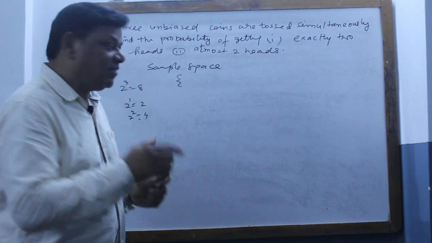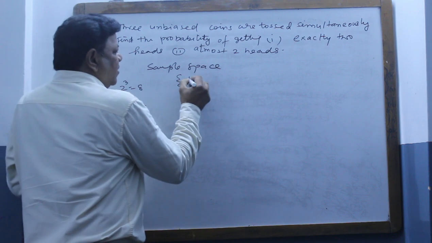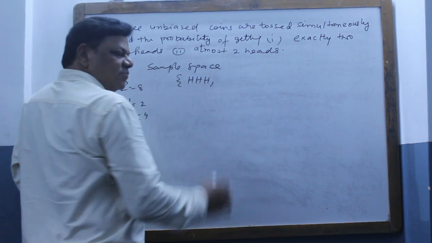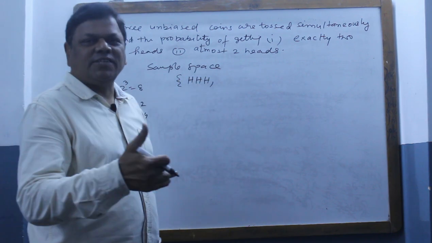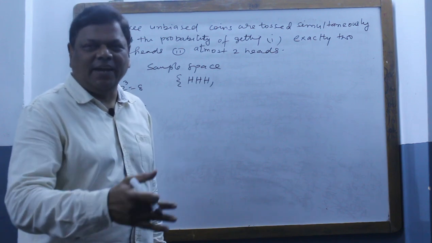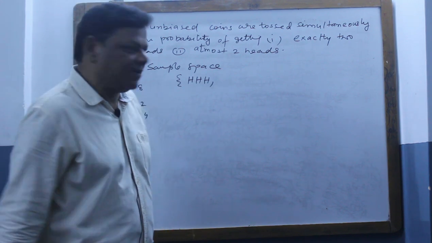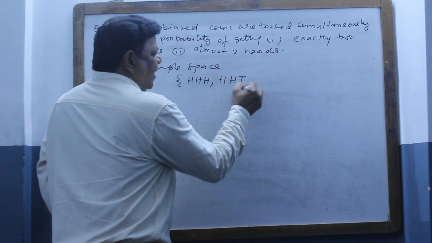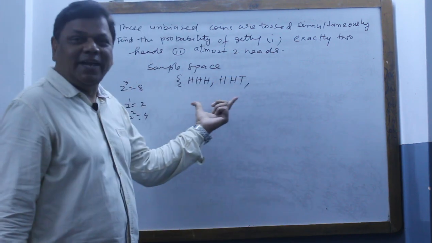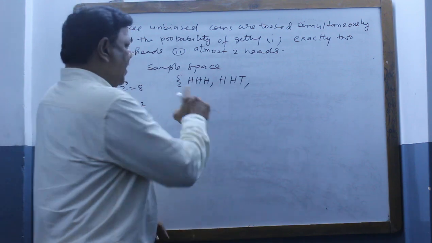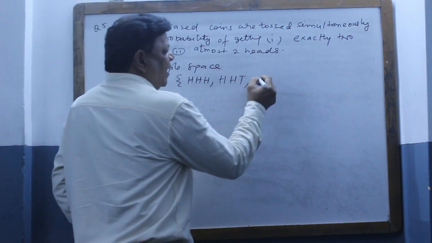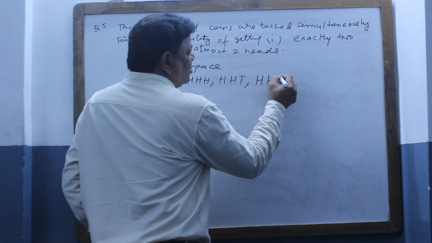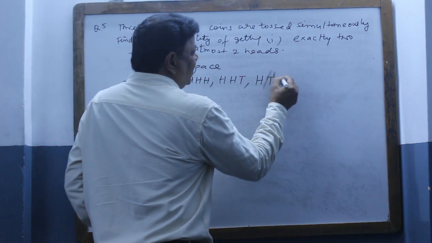Now how to write this is very important for you. 3 heads may come: first one head, second one head, and third one also head. Next toss, head, head, tail can come. In this way you have to write it down.